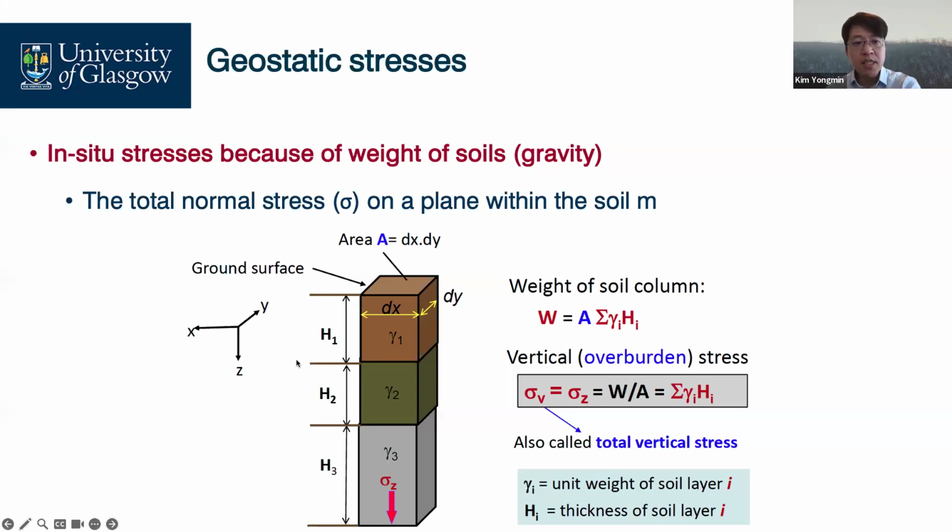But in this case, we don't have information about the water, so I don't know whether this gamma 1 is saturated, total, or dry. So the vertical stress at this point is the unit weight of the soil layer times each layer's depth.